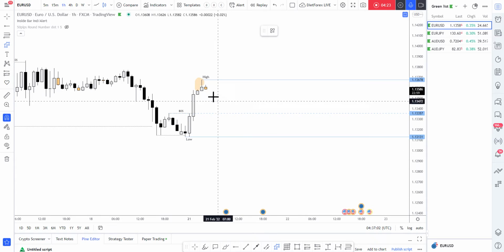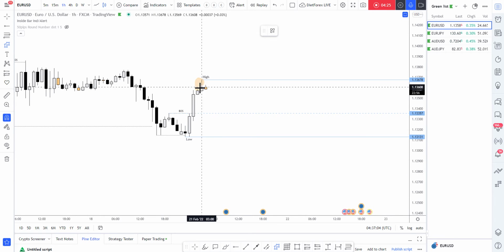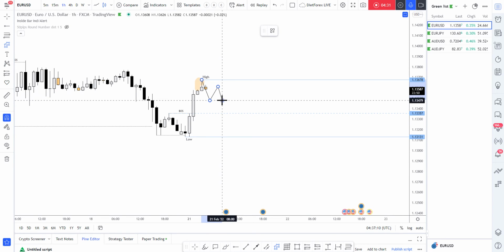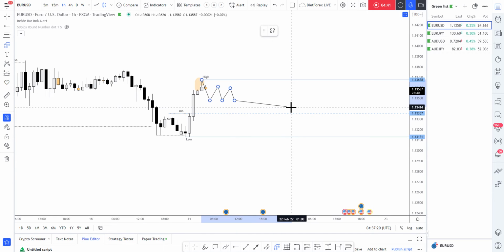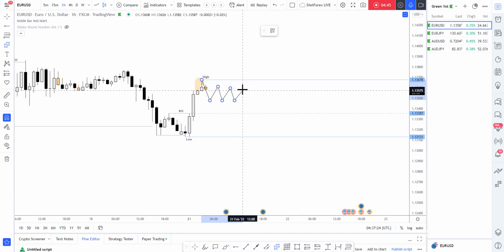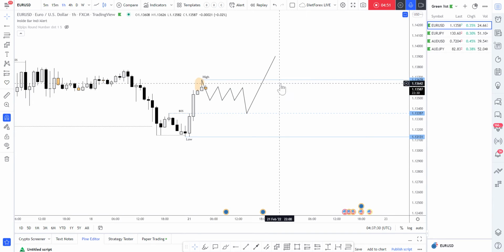So what I want would be, because of the strong price action to the upside, I want to get a range because it's Monday, right? So Monday should be ranging. Excuse me. So I want to see a range from here and then a little bit of break and then move to the upside.